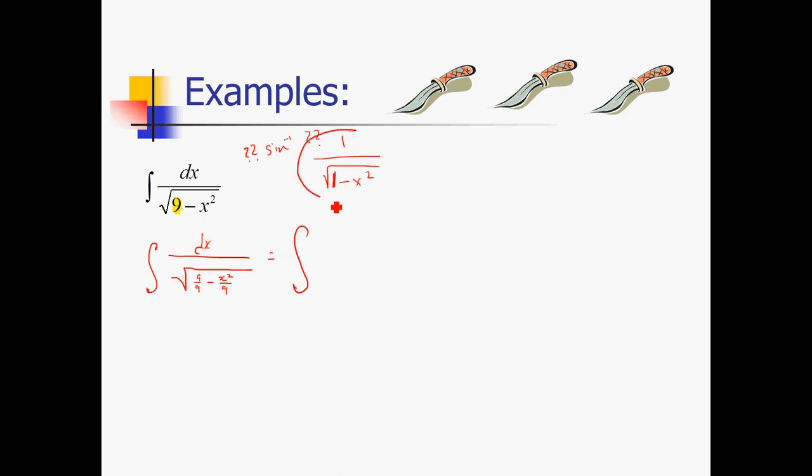Remember, this is where I'm trying to go. So I'm desperately trying to get there. So now 9 divided by 9 is 1. But that's not legal. I can't just randomly change that, right? But I can multiply by 9, right?